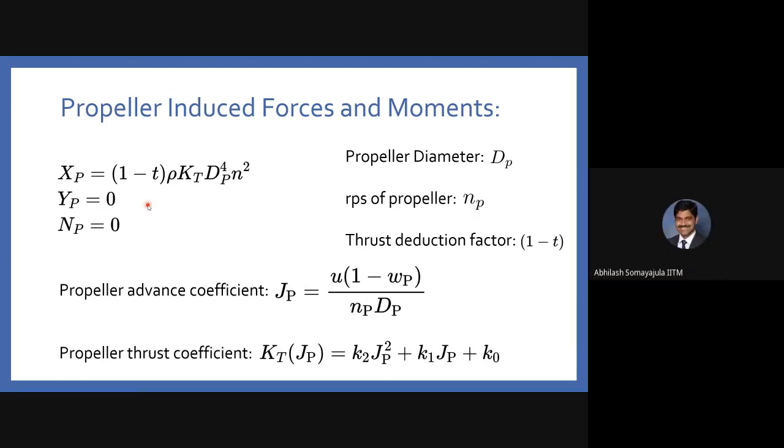Okay, so primarily what happens, when the propeller is acting behind the hull, you're accelerating the flow into the propeller, correct? Now, when we typically compute resistance of a ship, we typically have a bare hull without a propeller that is towed in a towing tank. Okay, and then the dynamometer is attached to the hull, and that measures the resistance of the hull.